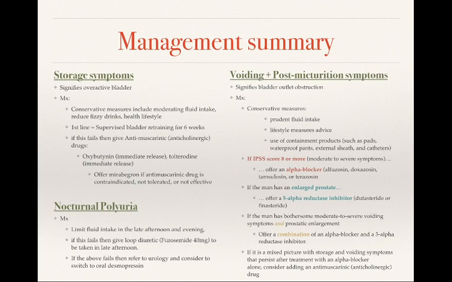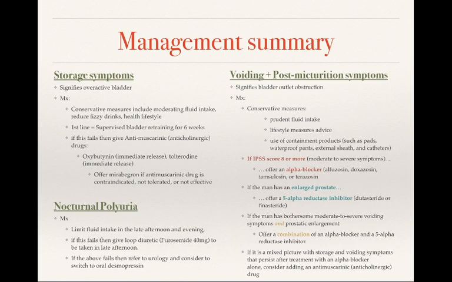So this is a slide that summarizes a treatment plan for each type of LUTS. So firstly, storage symptoms. If someone presents predominantly with storage symptoms, then this signifies that they have an overactive bladder. You can manage them conservatively, which would mean that they reduce their fizzy drinks, lead a healthier lifestyle, and moderate their fluid intake.